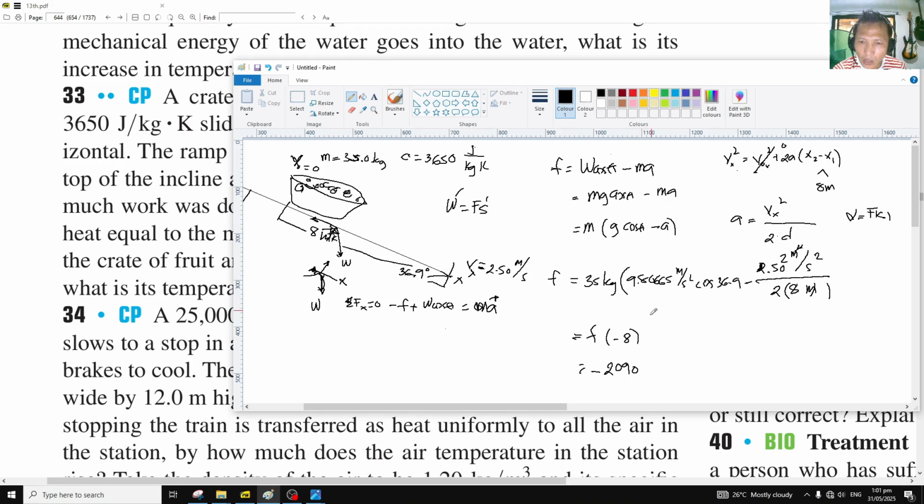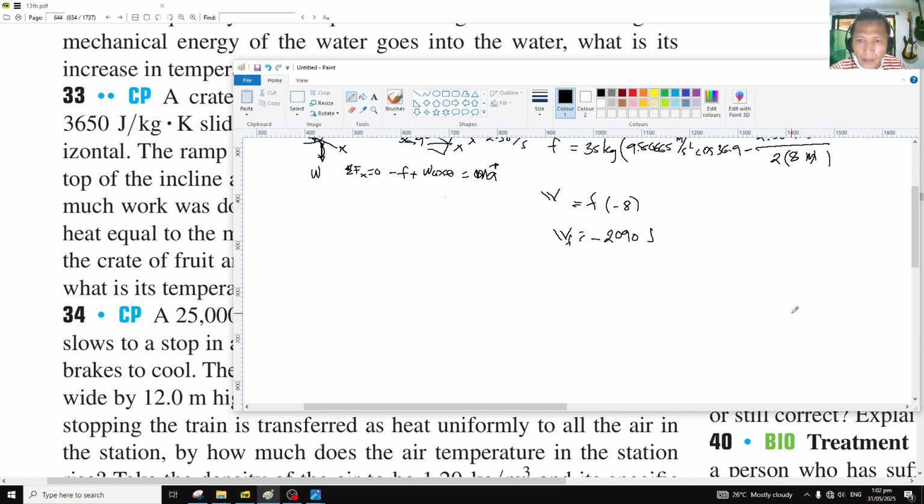This is meters, this is Newton, so that would be joule for your work of the friction. Okay, so this is already the work of the friction. This is the frictional force, or negative 2.09 kilojoule. Okay, so you have already that. I can save that, shift store A.